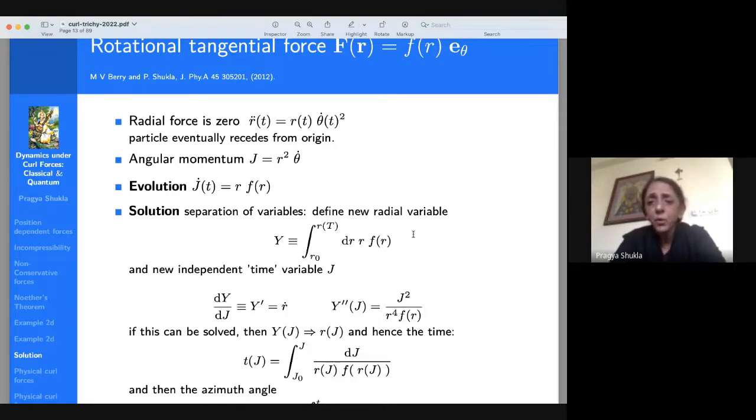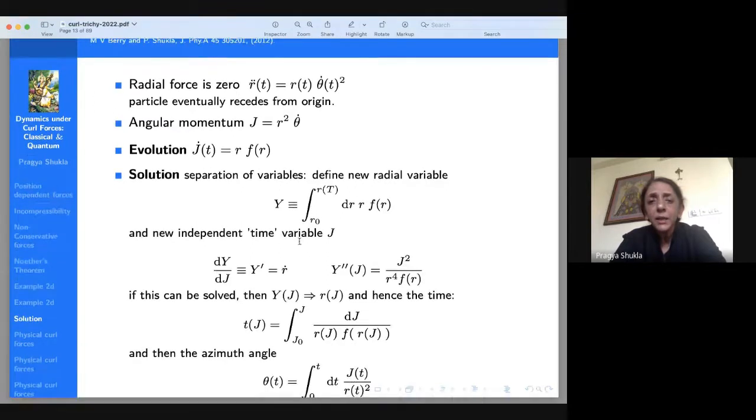You define a new radial variable y in this form. Let's not get into detail. You can always look at my slides later on, but let me just flash these ideas to you. You define a new radial variable as well as a new independent time variable, and the new independent time variable should be chosen as J. J was your original angular momentum.